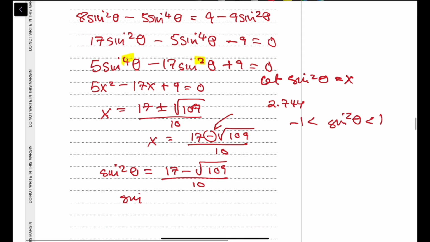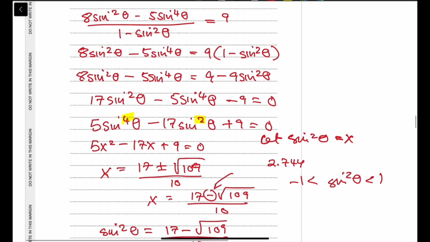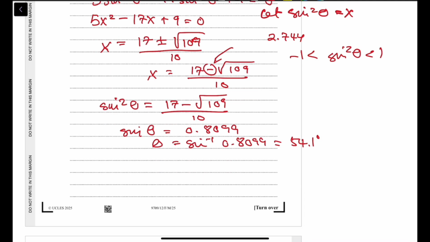Since we're in degrees, we have to switch our calculator to degrees as well. So sine theta equals 0.8099. Theta equals sine inverse of 0.8099, which is equivalent to 54.1 degrees. However, we have to lie within this whole interval, so there is a second value.